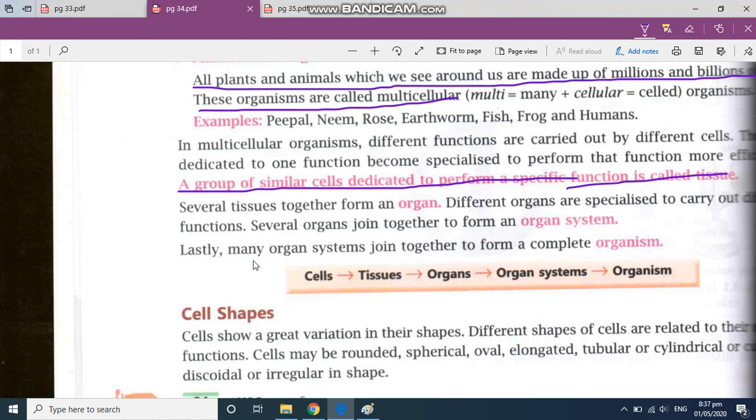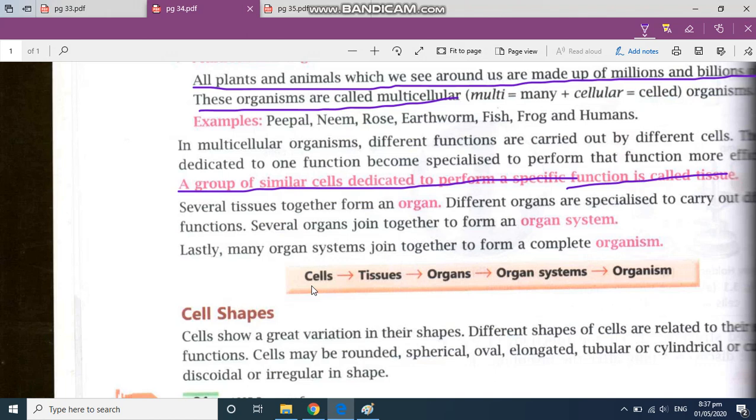Lastly, many organ systems join together to form a complete organism. One plant is a complete organism made up of root, stem and leaves. And a human being is made up of so many organ systems to form a complete organism. So this flowchart you understand.